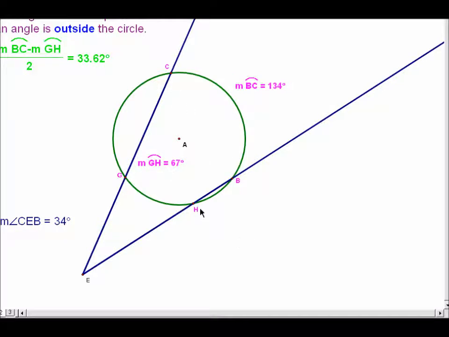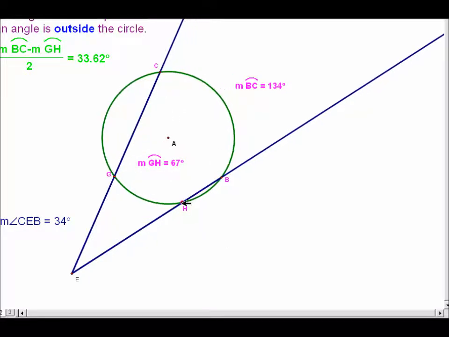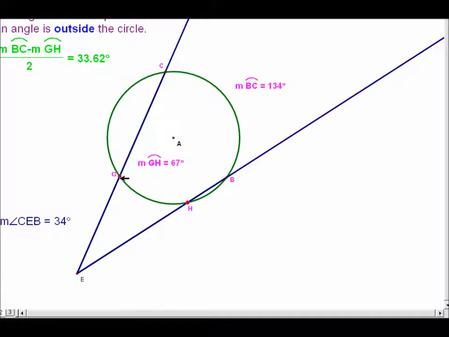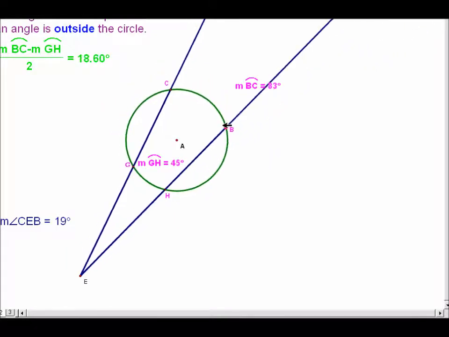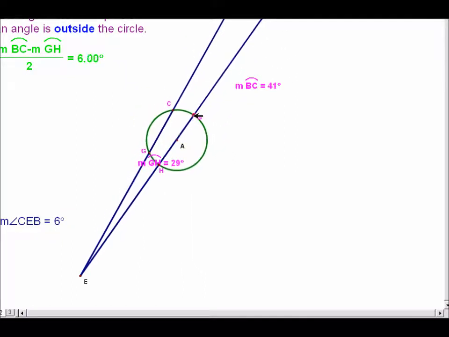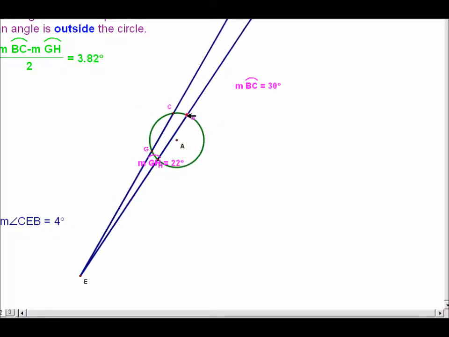Let's try to change arc GH a little bit. It's not going to let me change that. Let's make this even tinier. So 29 degrees and 21 degrees, take their difference, divide by 2, gives 3.67, compared to the angle outside, 4.